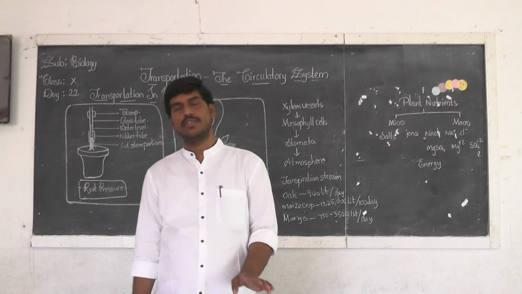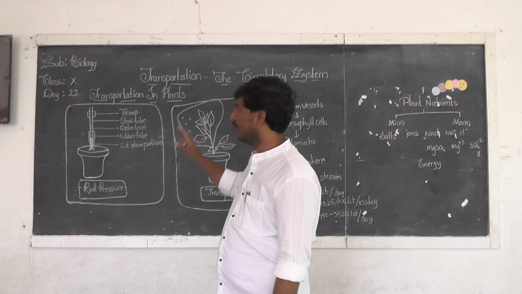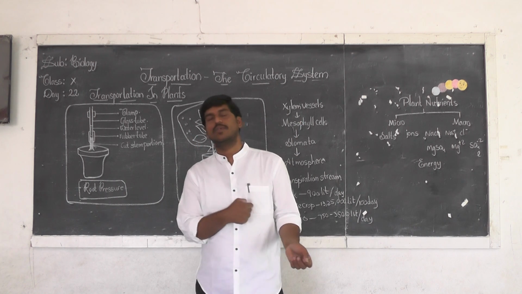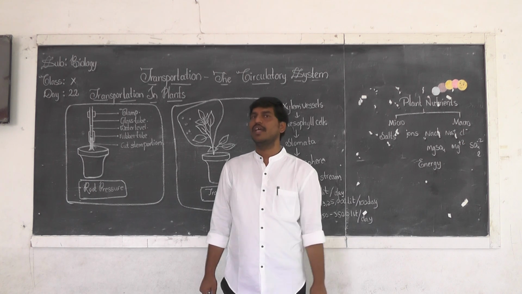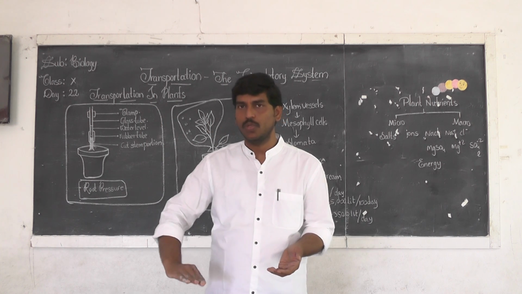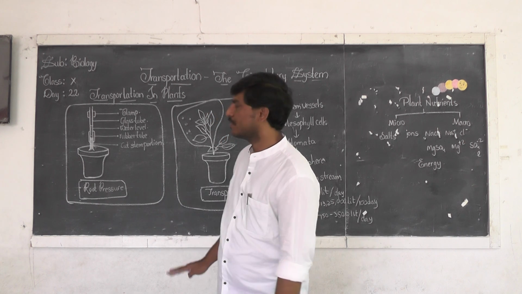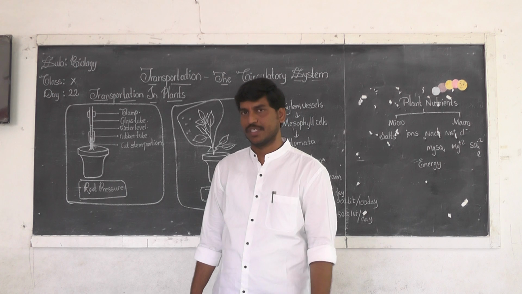The water enters the xylem vessel, and from the xylem vessel it enters the plant. Like how our blood is supplied with the help of certain pressure, the same way water is also transported from root to stem with the help of certain pressure, and let us try to demonstrate that in the form of root pressure.